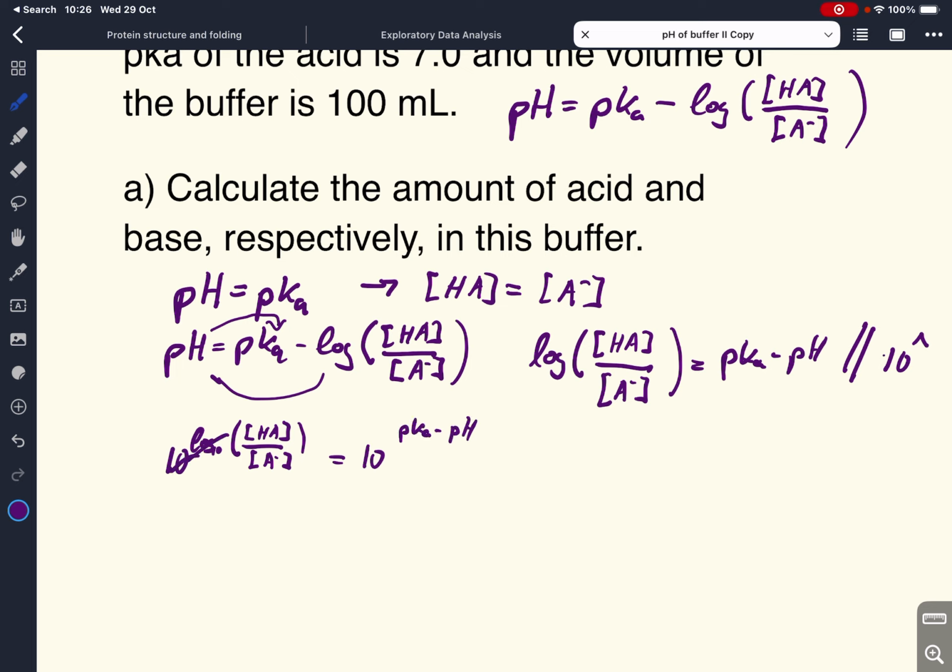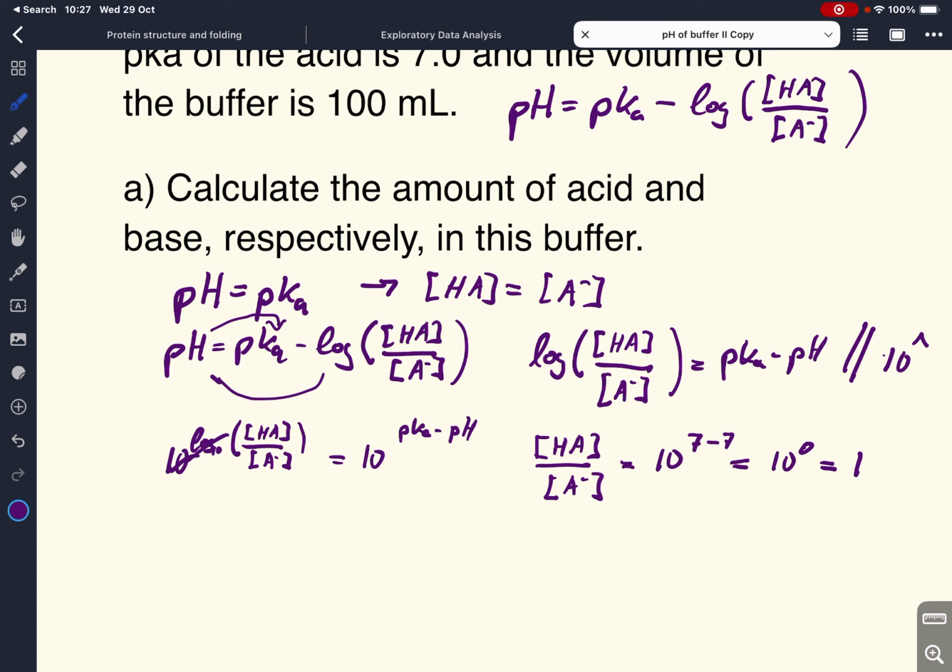Now 10 and log cancels out, and we've got left the acid concentration over the base concentration equals 10 to the power of 7 minus 7, and that of course is 0. That is 10 to the power of 0, and anything to the power of 0 would be 1. So our acid to base concentration equals 1, and that confirms what we said above.